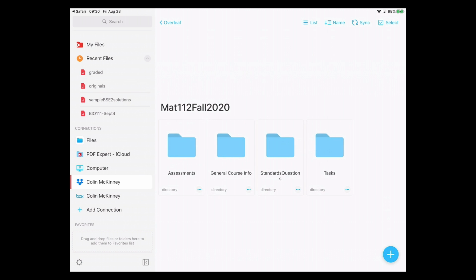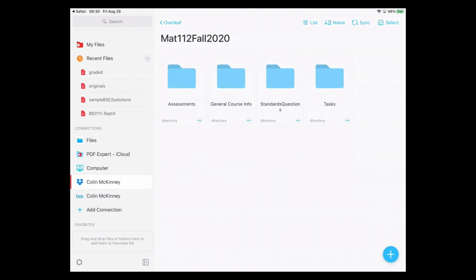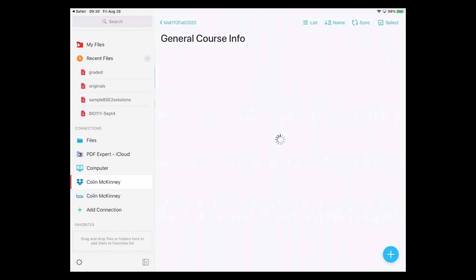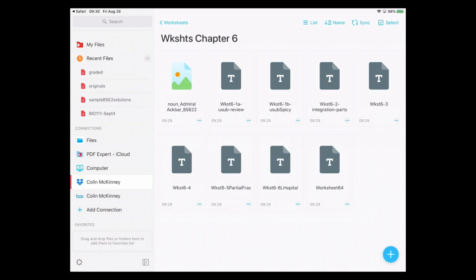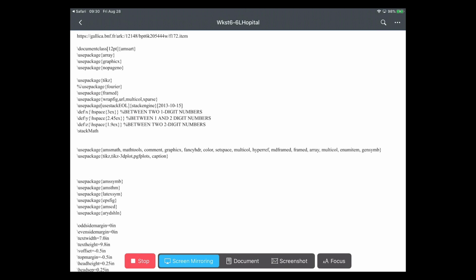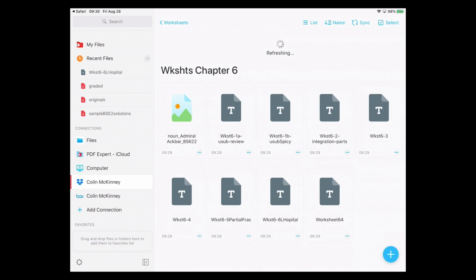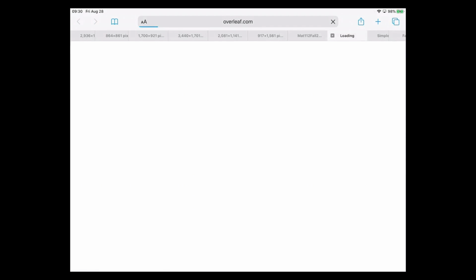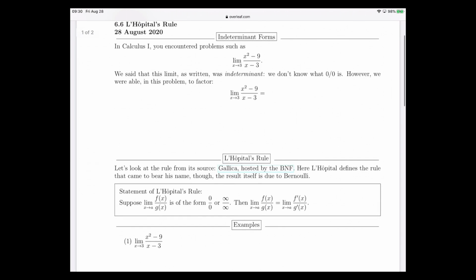Where is the worksheets folder? There it is. Not the text file, I want the PDF. Okay, I'm sorry, guys. Let's just go through this, and we don't need to waste too much time.